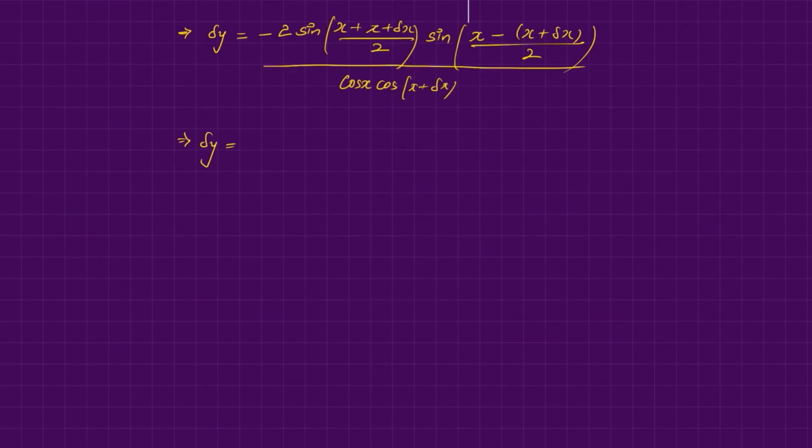So delta y equals minus 2 sine of (2x plus delta x) by 2 into sine of (x minus delta x) by 2.